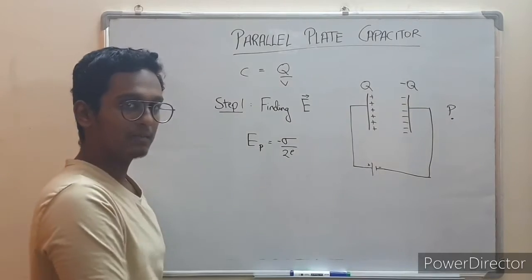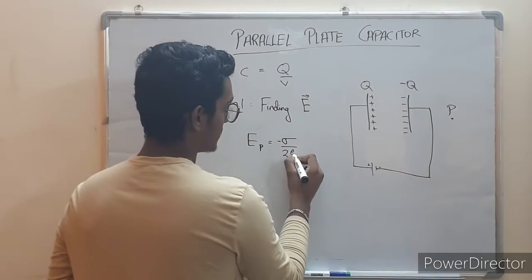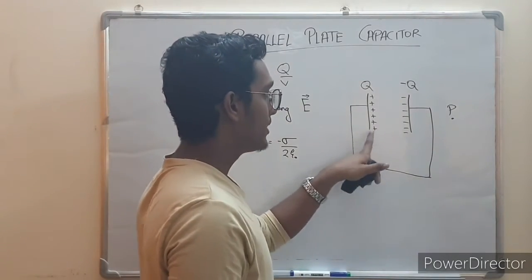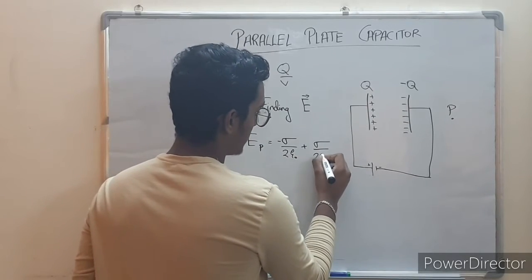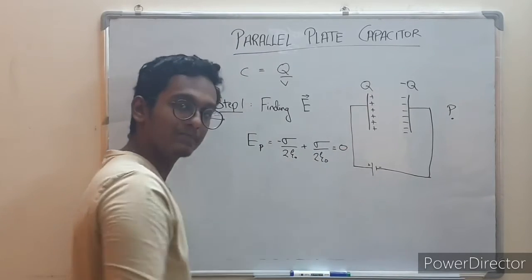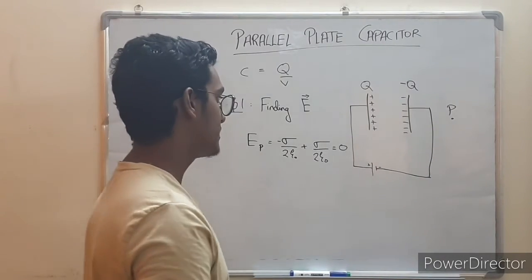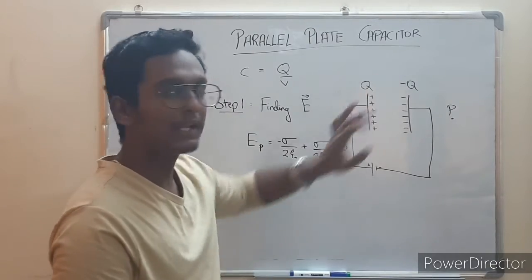But here it's minus sigma because the charge stored is negative, so the charge density is also going to be negative. Now the positive plate's contribution is going to be plus sigma by 2 epsilon naught, so the total equals 0. The reason it becomes 0 is the distance independent nature of the electric field due to a plane sheet.